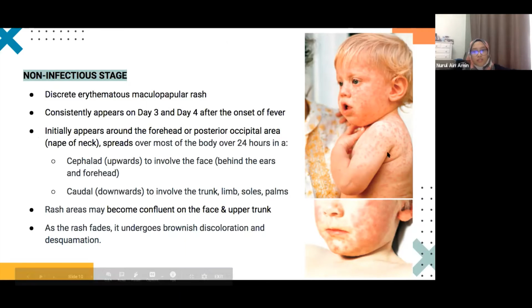The rash usually appears on day 3 or day 4 after the onset of fever, and it initially appears on the forehead and the nape of the neck, behind here at the hairline. As the rash fades, in the same pattern as it appeared, it undergoes brownish discoloration and also desquamation. So this is the rash.